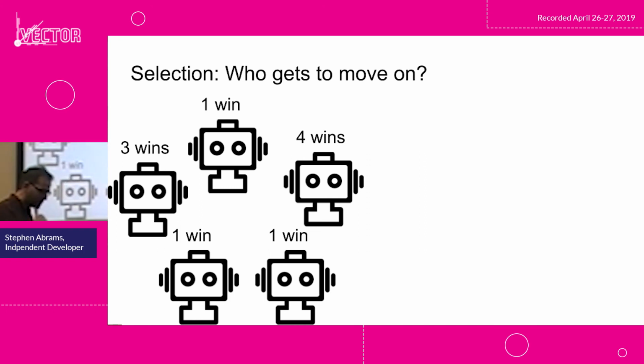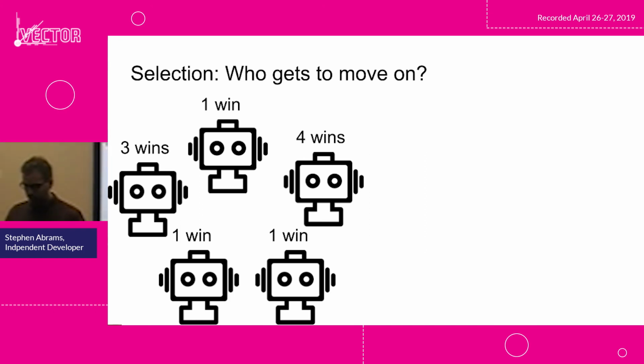Okay, so how do we select? Let's say I have a few strategies, 5 in this case. The way I chose to do it for this particular project was to have each strategy play each other one in that little pool, and then use the number of wins as a raffle ticket to the next round.